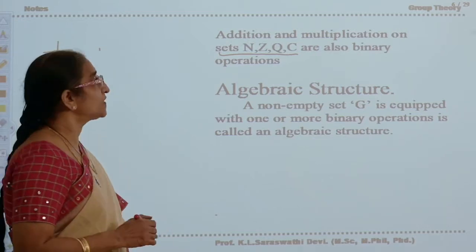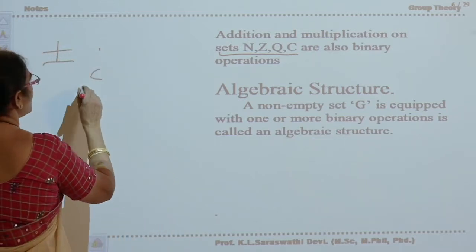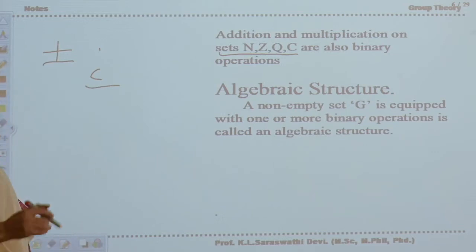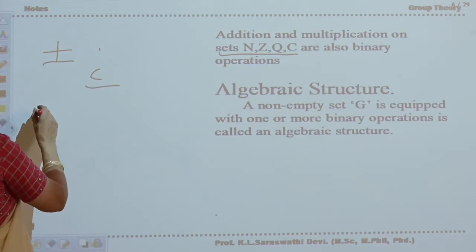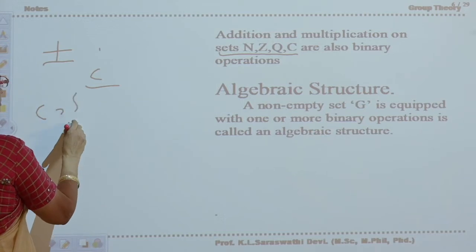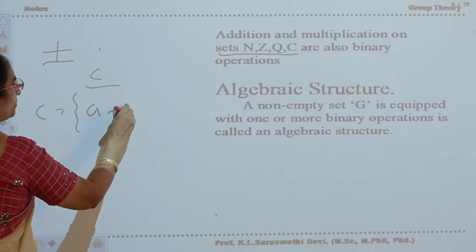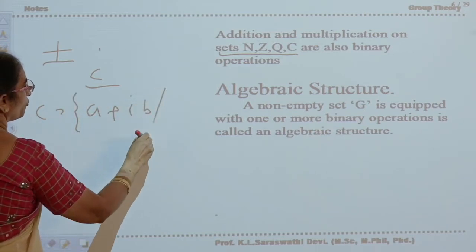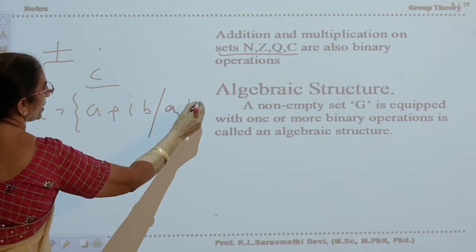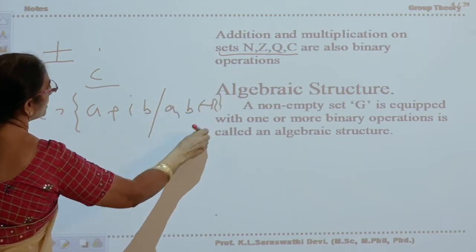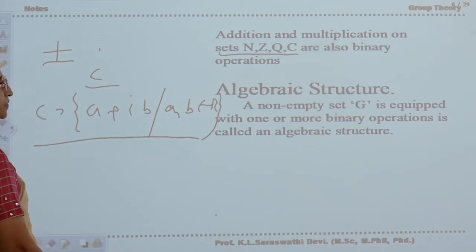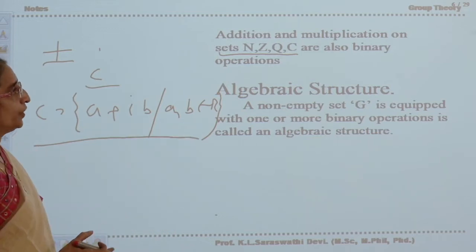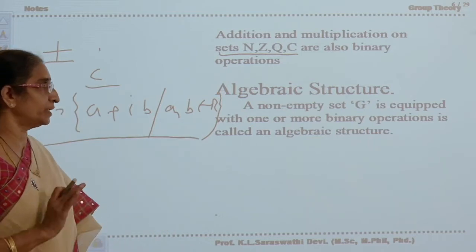C is the set of all complex numbers. What is the form of complex numbers? C is equal to the set of all a plus ib where a, b belong to R. On this also addition and multiplication are binary operators.